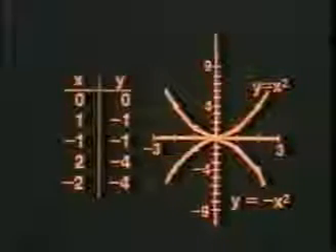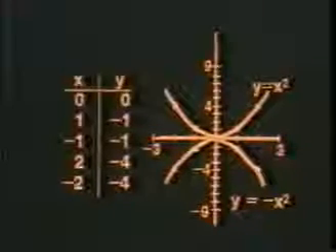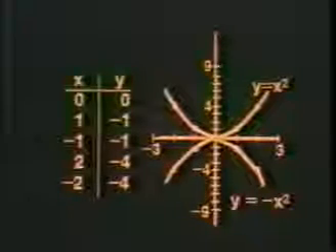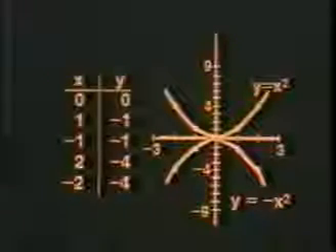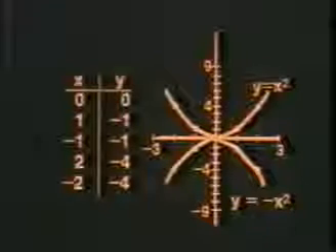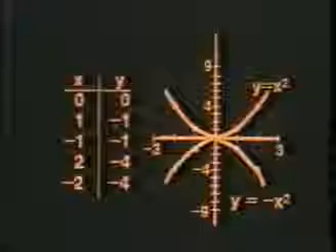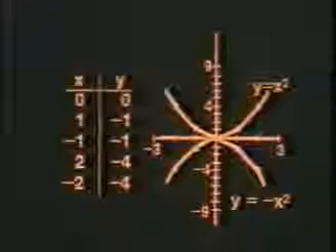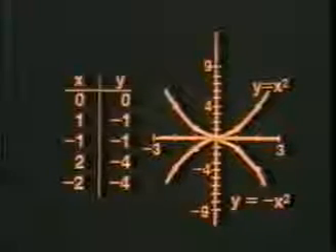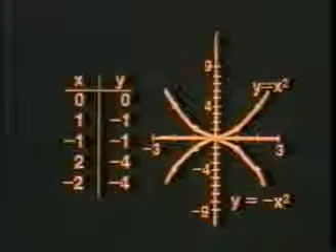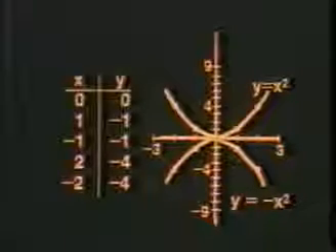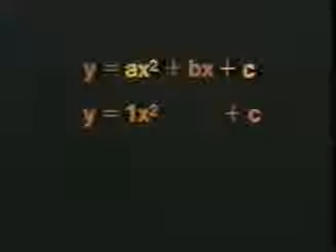Y equals negative x squared shows up entirely at the bottom of our coordinate plane. And if we looked at negative 2x squared and negative 3x squared, we'd find them hugging the vertical axis at the bottom, just as we saw them doing on top when we used positive values. That tells us all about A in our general equation.